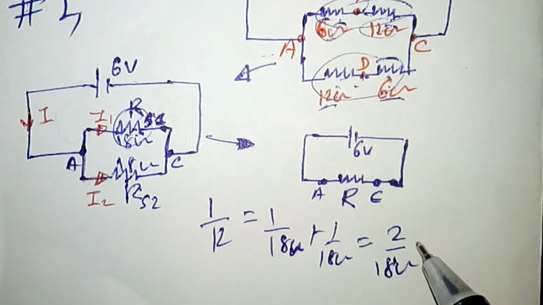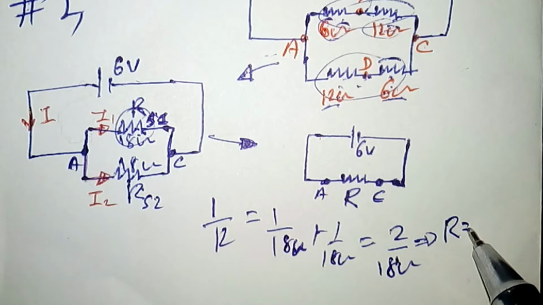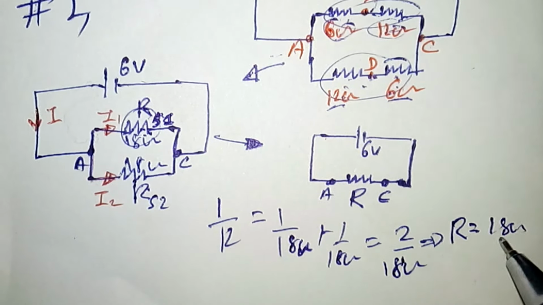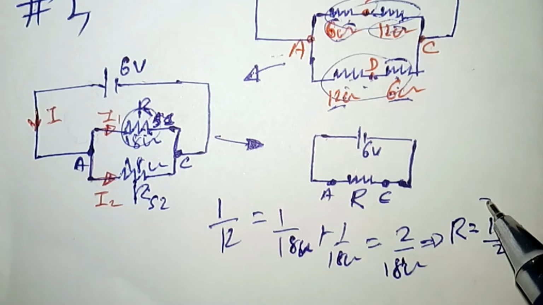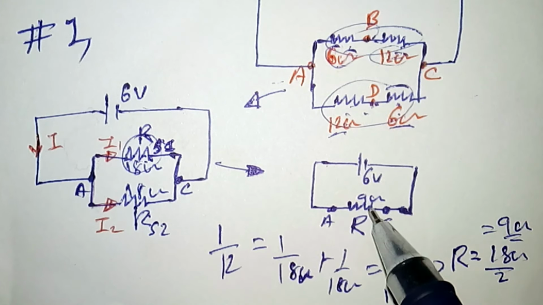Finally I get the total resistance R in the circuit is 18 ohm over 2, which is directly equal to 9 ohm. So this is the equivalent resistance of the circuit.